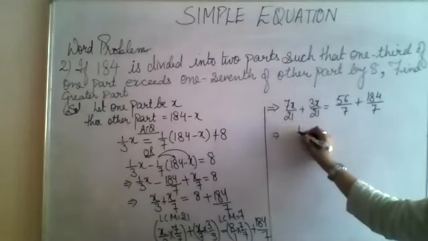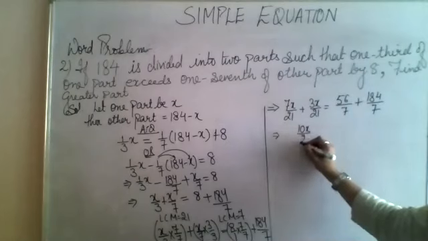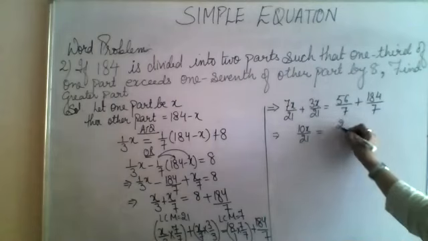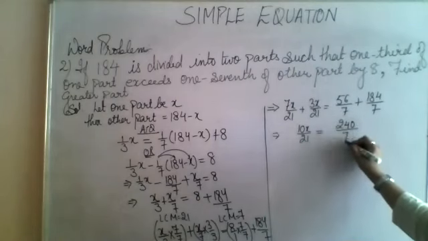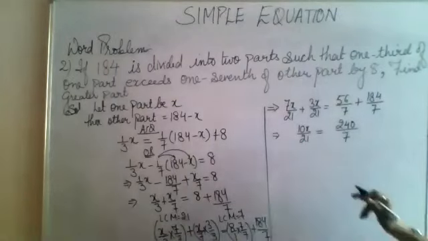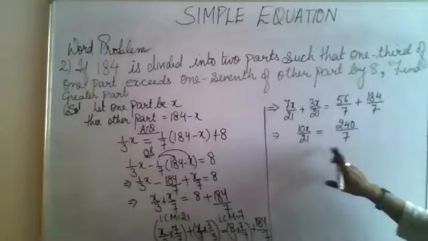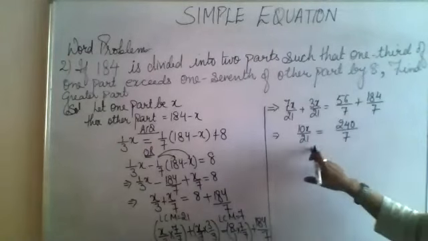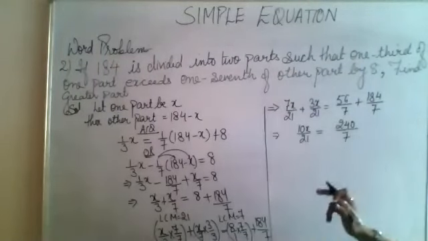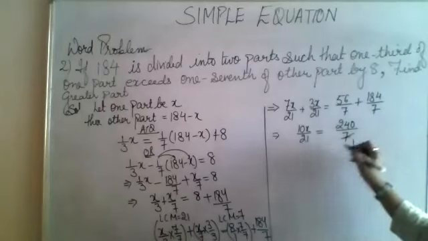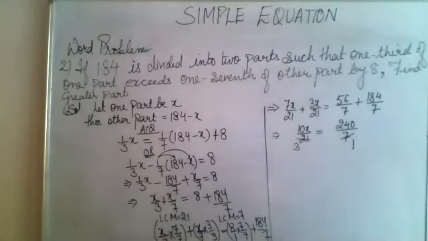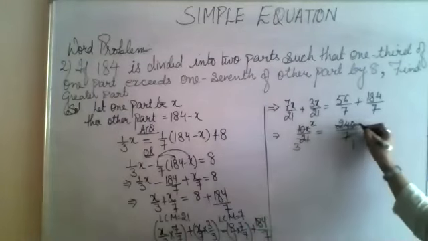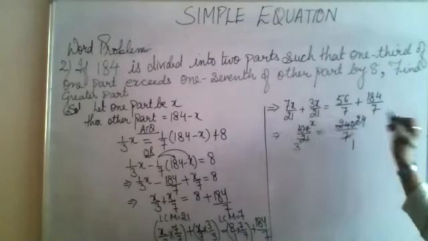7x plus 3x is 10x upon 21 equal to 56 plus 184, which is 240 upon 7. Now remember, I have told you earlier, if monomials are there, these are monomials, 10x, 240, 7 and 21, if cancellation is possible, cancel it. 7 ones are 7, 7 threes are 21. 10 cancels with 10x, and this will be 24.